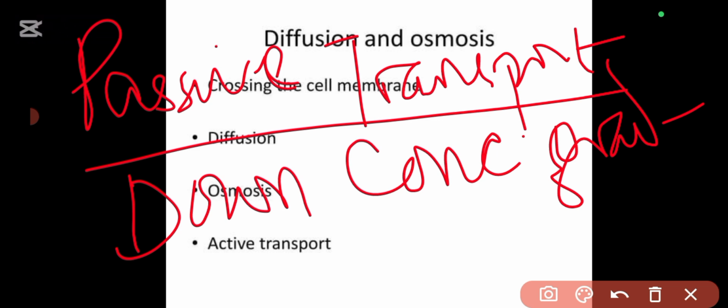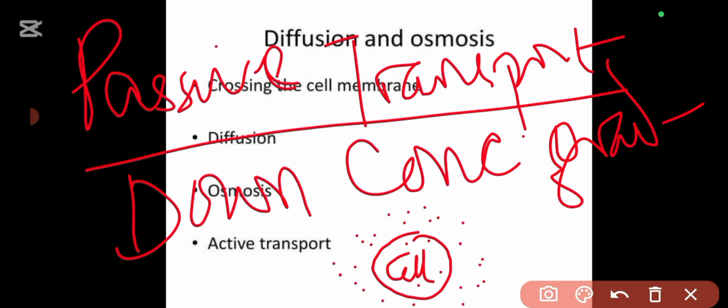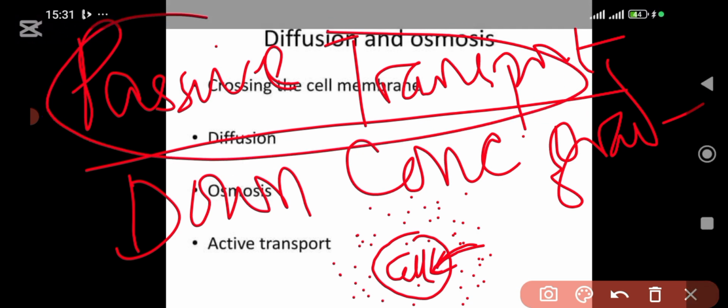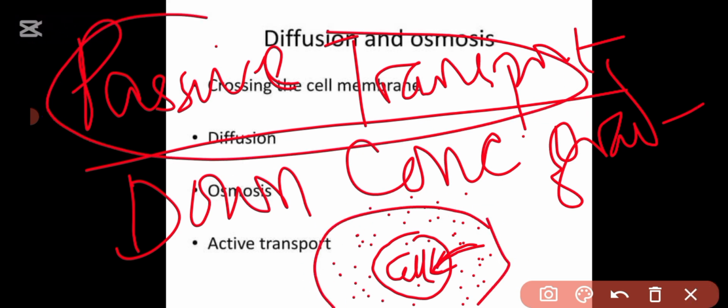For the example I gave, where I have a cell that has only some dissolved solutes, and the environment outside of the cell has much more concentration of dissolved solutes, substances will now begin to move from outside of the cell into the cell. So this is passive transport. What differentiates it from active is the fact that it requires no energy at all.